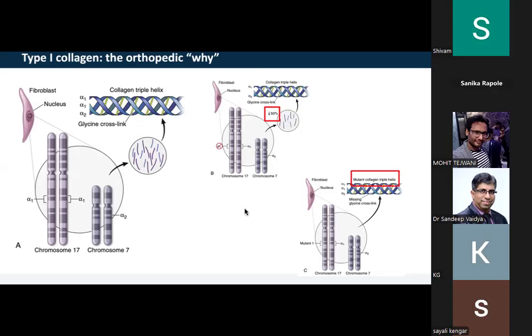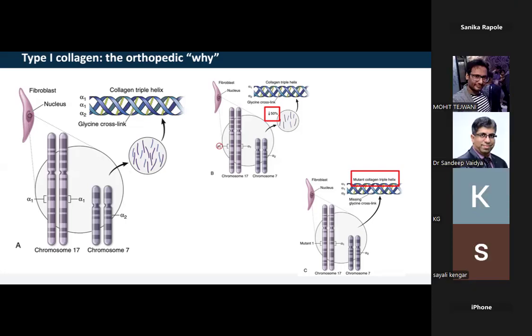And then talking about figure C, this is formation of a mutant type of collagen. There is a mutant collagen and the glycine crosslinks are going to be missing. So the structure that will be formed in the end will not be normal and will be a mutant. And that is why phenotypes are going to be more severe, and generally they translate to type 2, 3, 4 of OI.